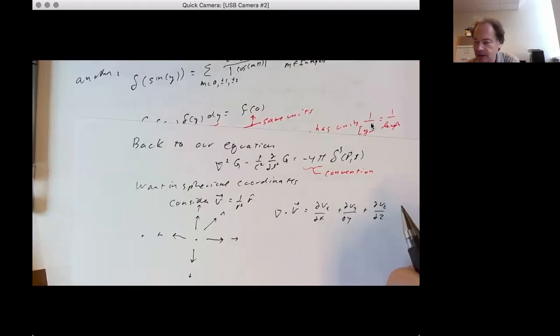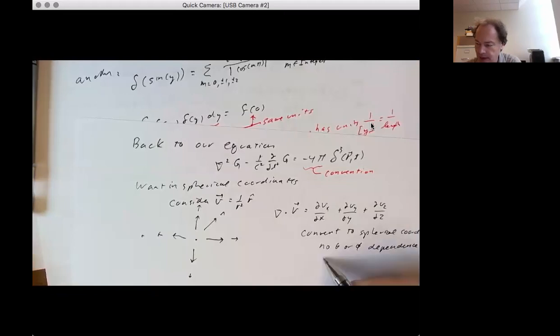which we need to convert to spherical coordinates. And note that there's no theta or phi dependence, so we only need the partial r terms.